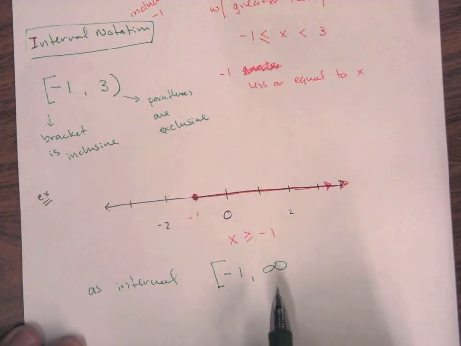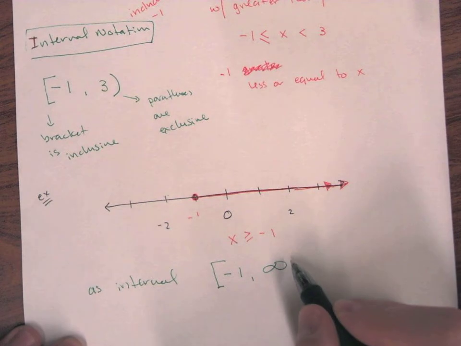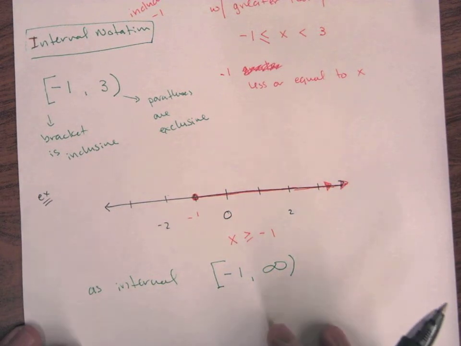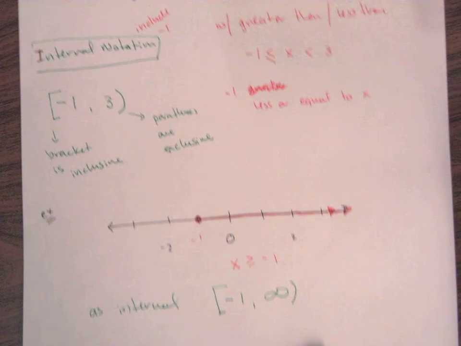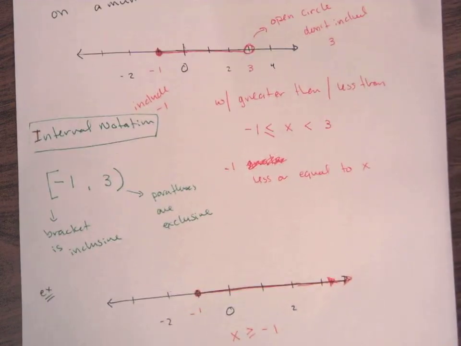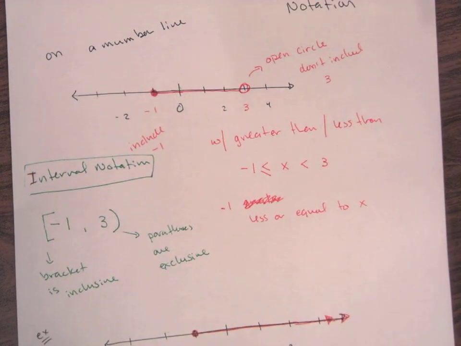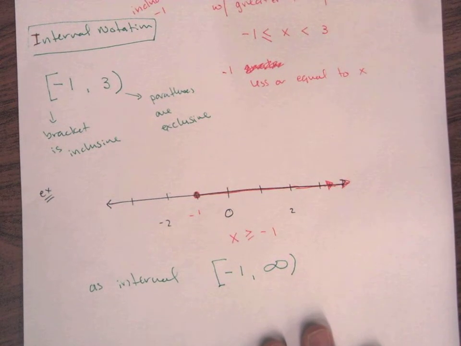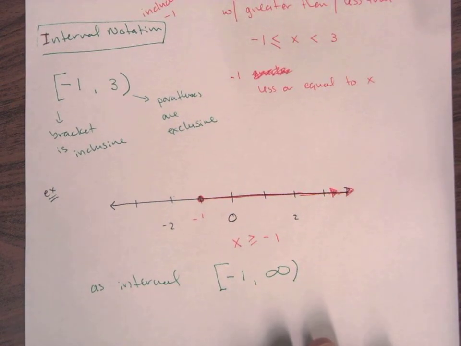Because this isn't technically a number, we're going to use an open parenthesis to end this interval. So starting at -1 and including it all the way up to infinity with the parenthesis. So this is our interval notation. This is what we need to answer some of these 2.1 information from the graph questions. So that's coming up next.